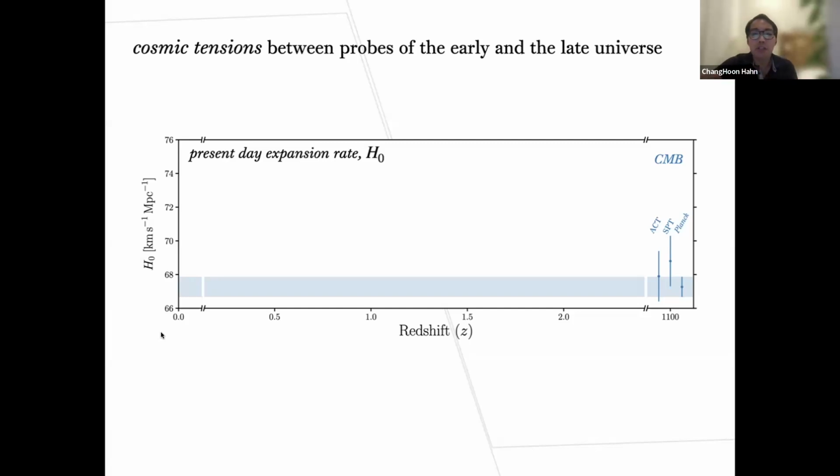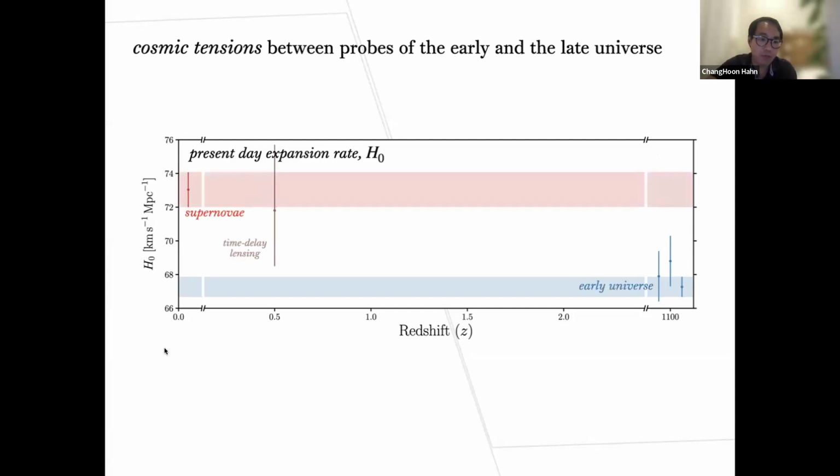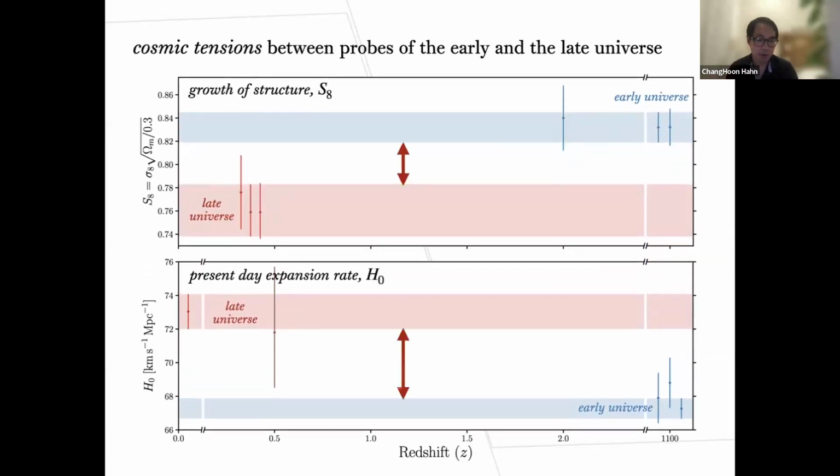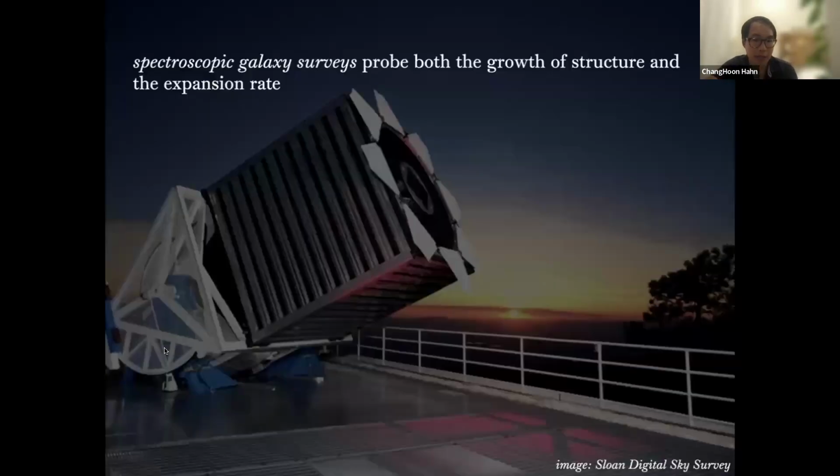And again, compared to these measurements, what we find in experiments that probe the late universe at low redshifts are significantly higher values of H0. So over time, as our experiments have gone more and more precise, the significance of these tensions has only increased over time.